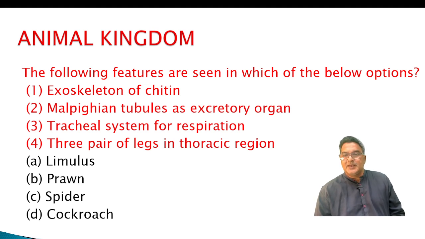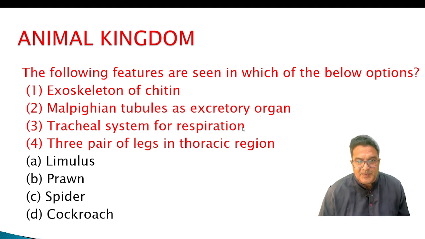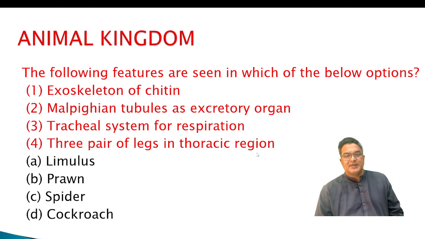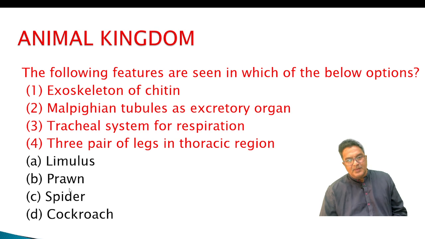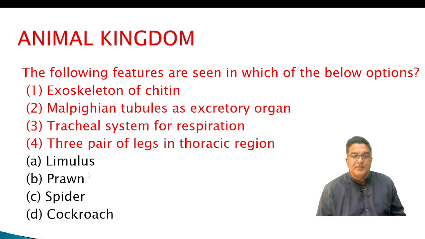The following features are seen in which of the below options? Exoskeleton of chitin, Malpighian tubules as excretory organ, tracheal system for respiration, three pairs of legs in thoracic region. There we can understand it is from phylum Arthropoda, but all the examples here belong to phylum Arthropoda only. Limulus has book gills for respiration.